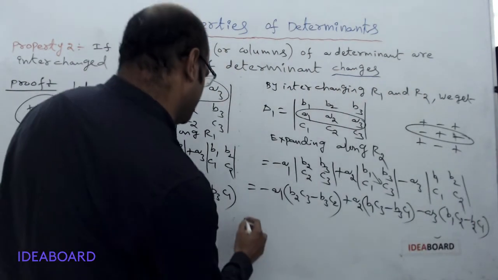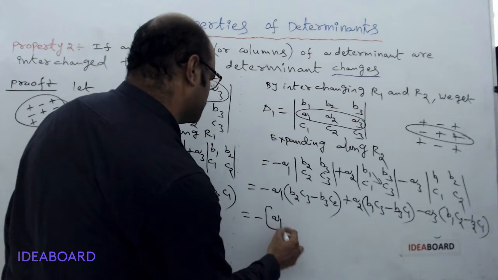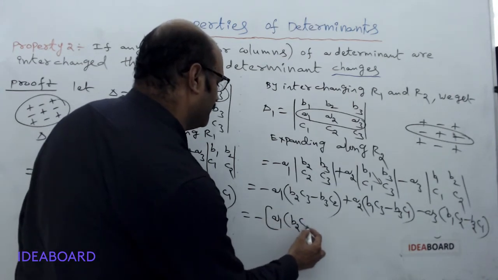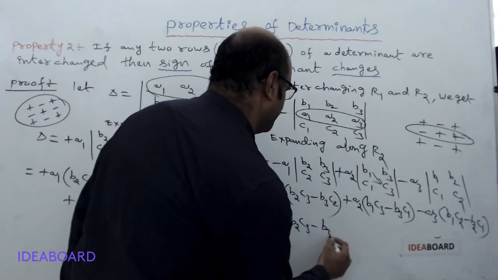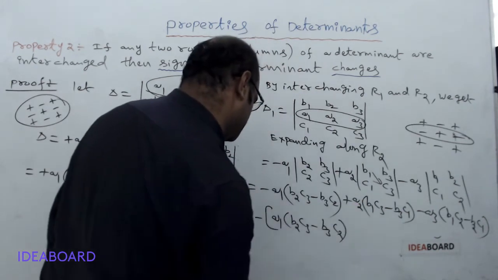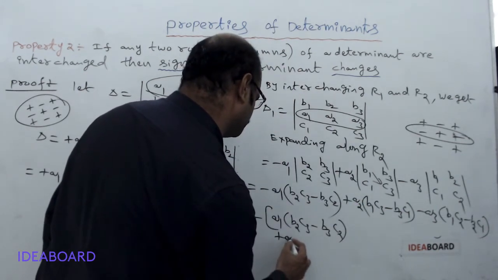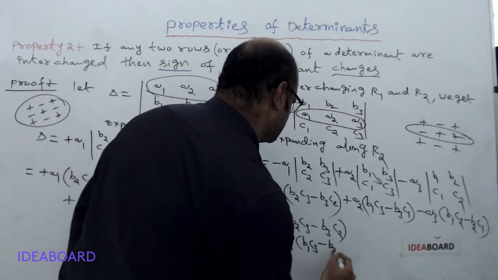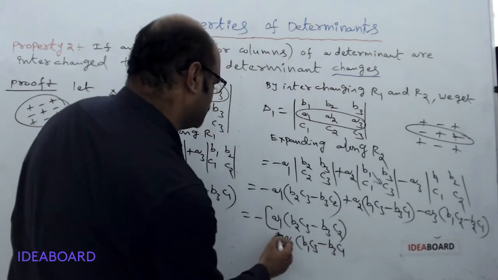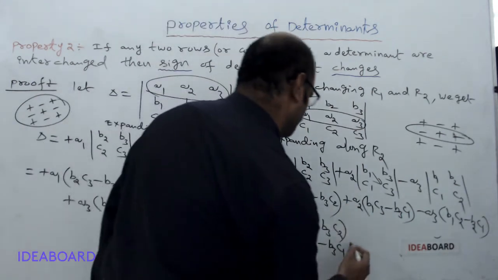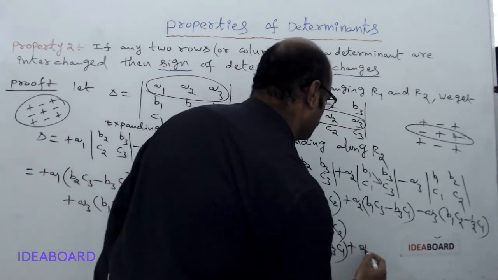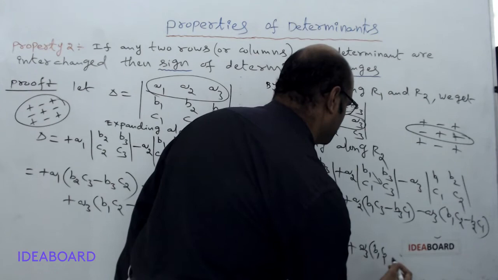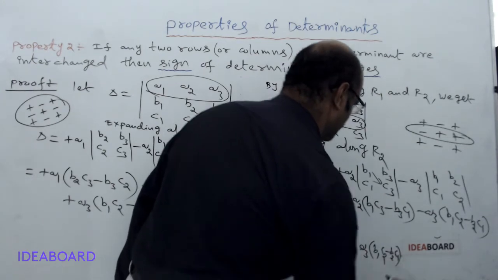Now take minus common: minus of A1 into B2, C3 minus B3, C2, plus A2 into B1, C3 minus B3, C1 minus, so plus A3 into B1, C2 minus B2, C1.